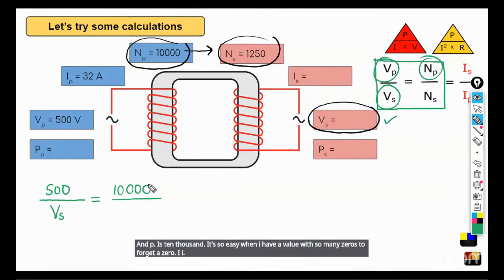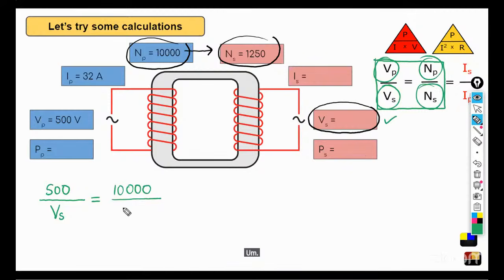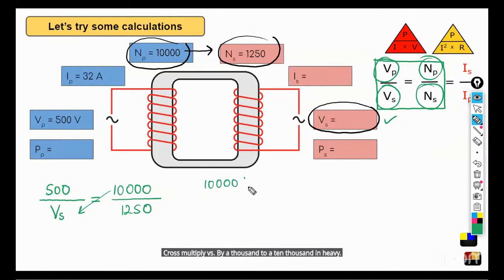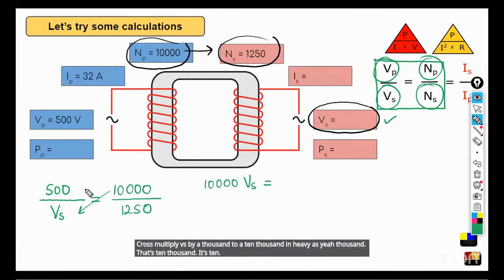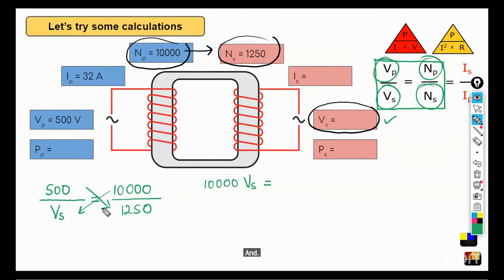I've fallen for that trap so many times in school. You get stressed out and you forget a zero, so make sure you count your zeros properly. And NS is 1250. Cross multiply: VS by 10,000, and 500 by 1250.